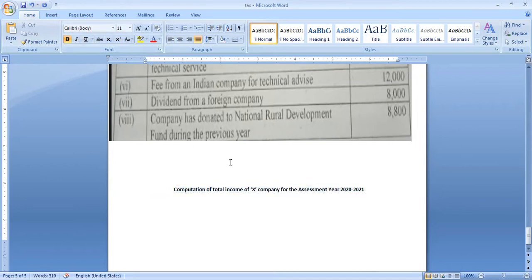Now you see how to calculate. This pro forma I am drawing. Kindly note this pro forma. You have to draw like this also. Then particulars.